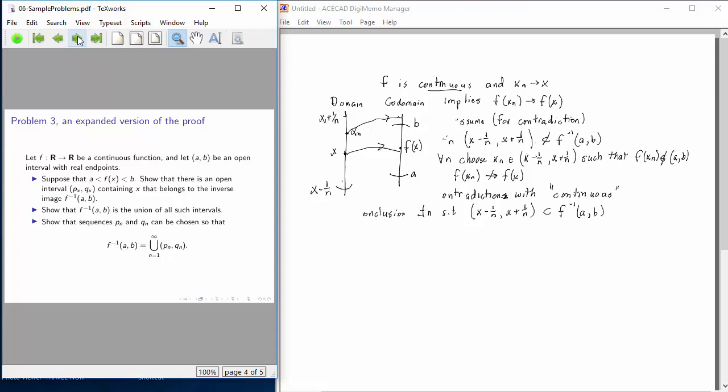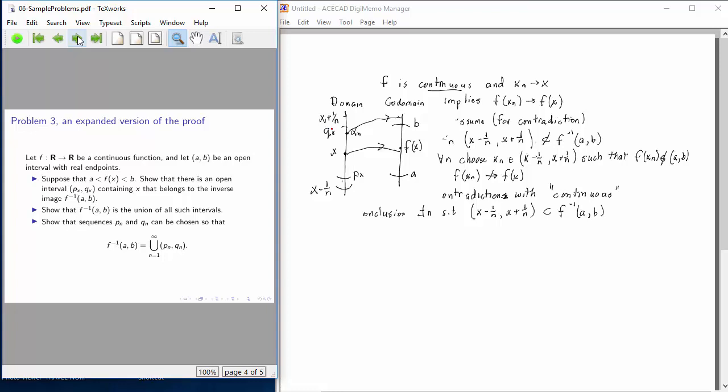If I choose n large enough, I get a small interval around x that gets mapped entirely into the interval from a to b. And now, since I want countable sets, I will choose a rational number in that part of the interval.